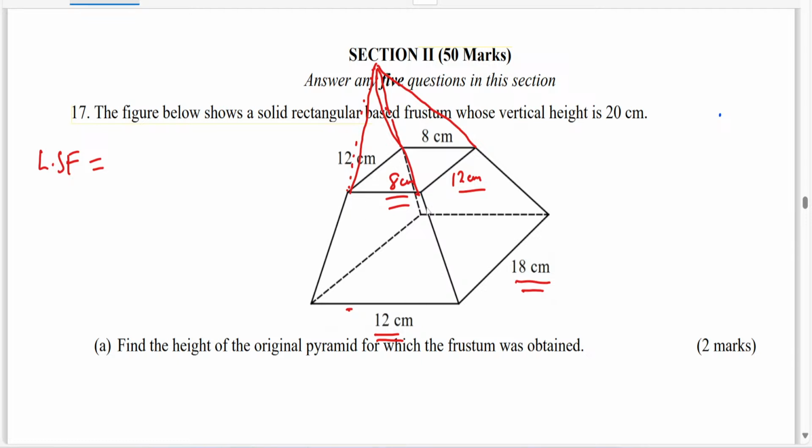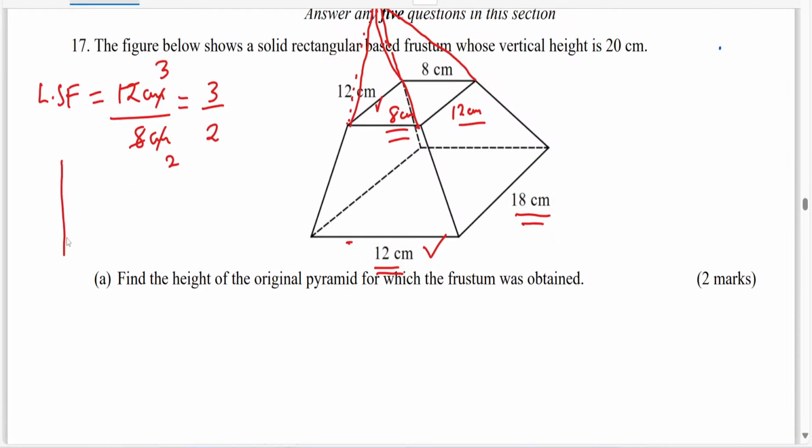In this case, let's choose 12 and 8. The linear scale factor is 12 divided by 8 centimeter, which gives 3 over 2, so your linear scale factor should be 3/2 or 1.5, whichever you like.